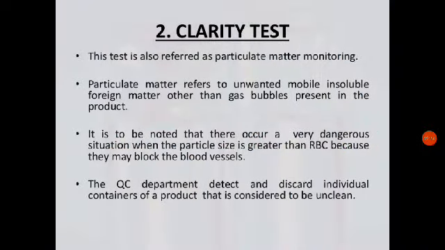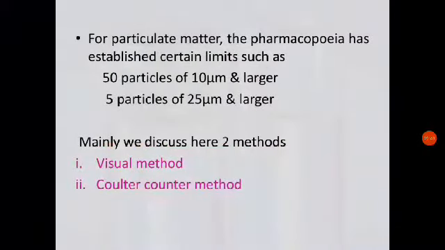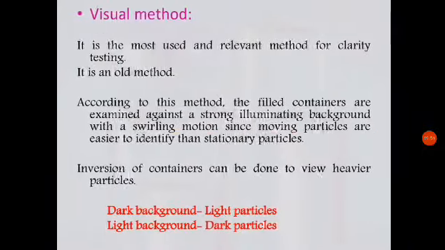Then the clarity test. Clarity is referred to as particulate matter monitoring. It is based on either visual inspection or an electrical method, so the particles can be limited based on size.